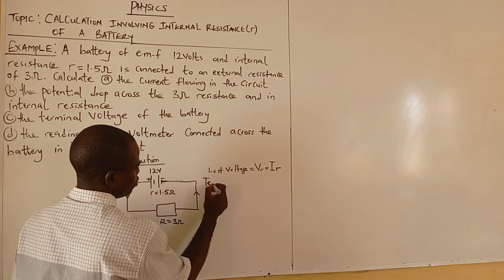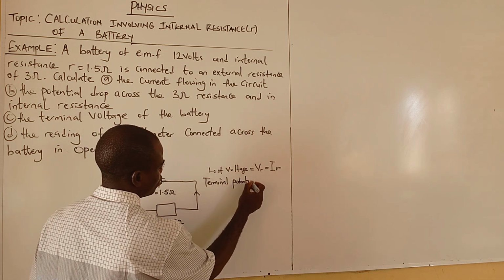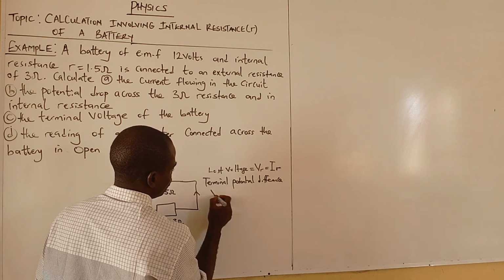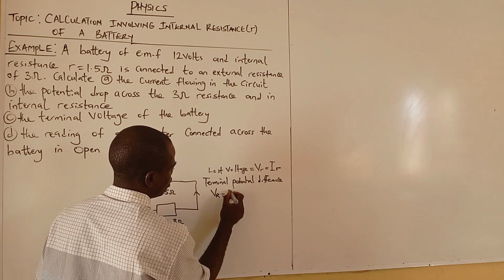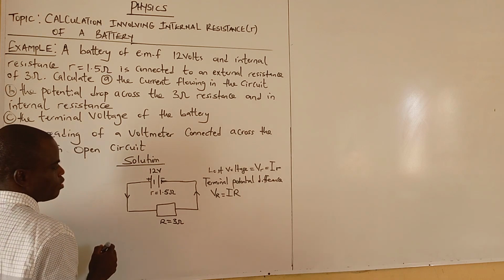The terminal potential difference, V subscript capital R, is the current multiplied by the external resistance.